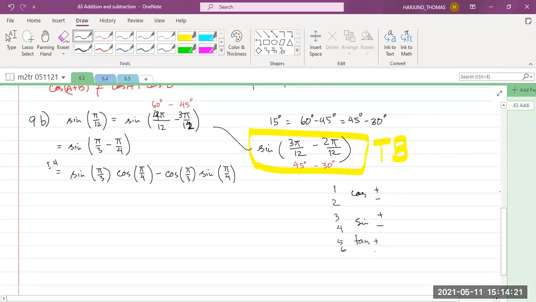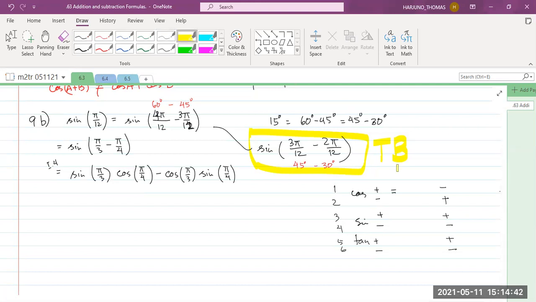For the cosine, it's negative first and then plus. For sine, it follows the sign, the plus and then minus. For tangent, because it follows sine over cosine, there will be plus minus. You see? Now for cosine, it's cosine, cosine, sine, sine.